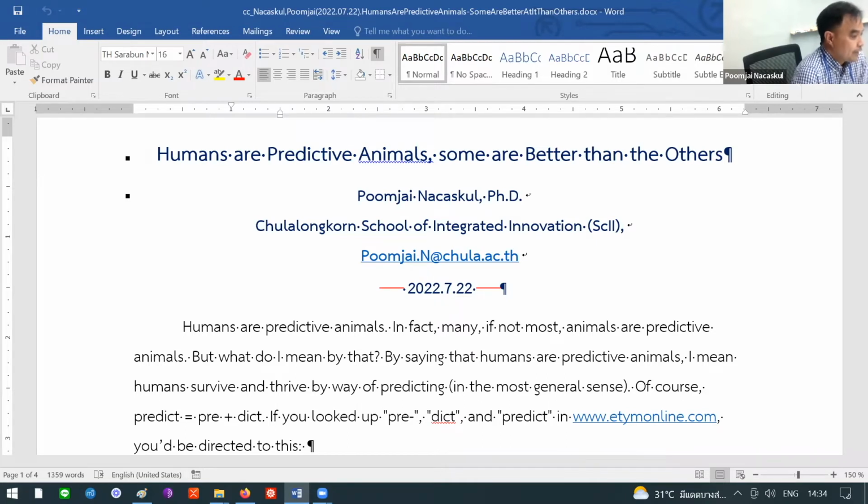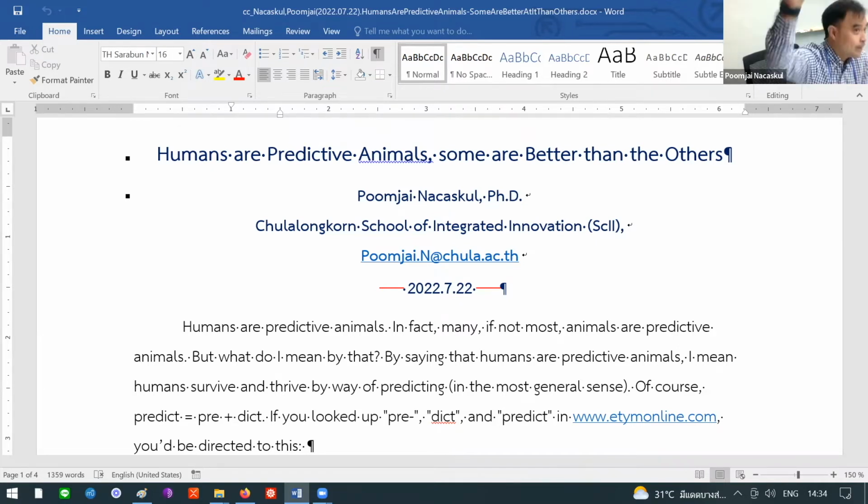Okay? Pre is a prefix, meaning before. Dict came from a Latin word, but it has the same root as dictionary, dictation, diction, dictum. What it means is some kind of statement. So predict just means you say something before you have direct evidence of that thing.